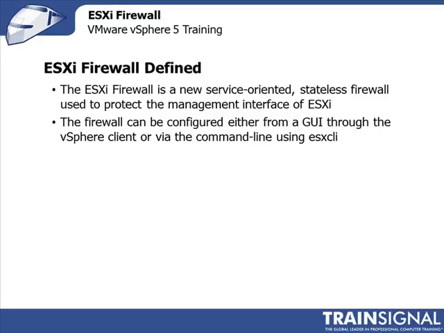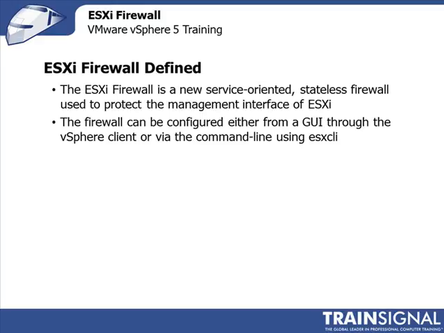In a nutshell, if I was to define the ESXi firewall, I would say that it is a service-oriented stateless firewall used to protect the management interface of ESXi. So again, you have to understand what the ESXi firewall is built for. It's not built to protect the whole host with all the virtual machines running on it.